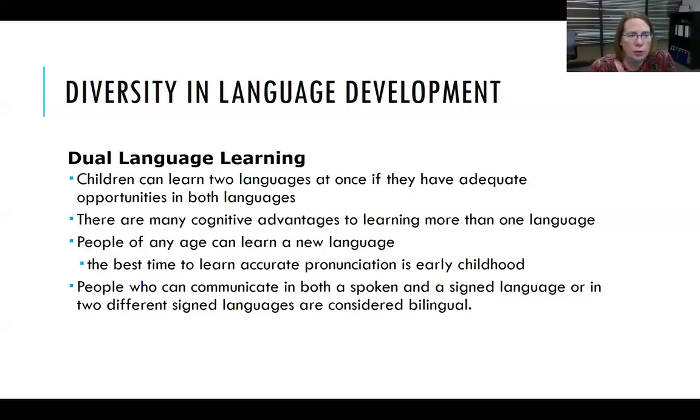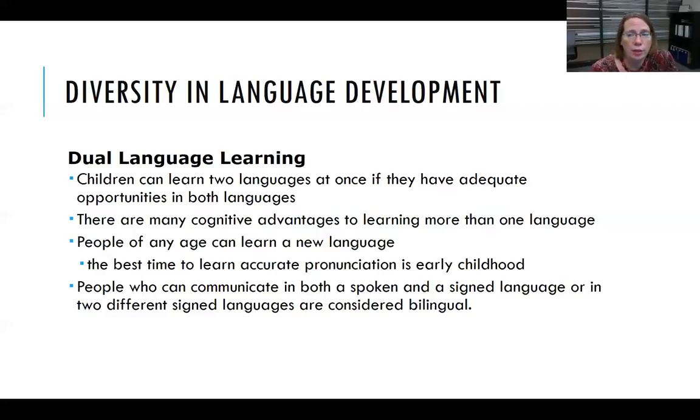Children can learn two languages at once if they have adequate opportunities in both languages. There are some children that live in an environment where grandpa and grandma live with them and they speak Mandarin. Mom and dad speak Mandarin, but they also speak English.